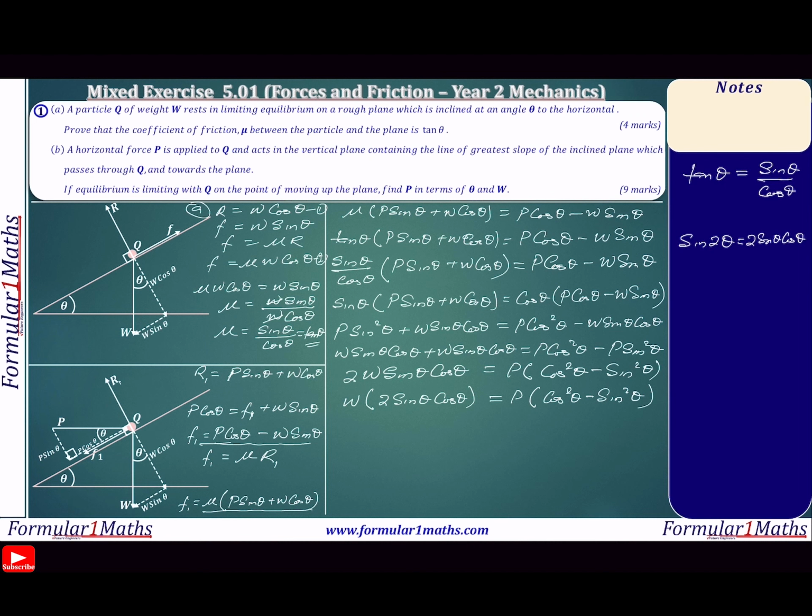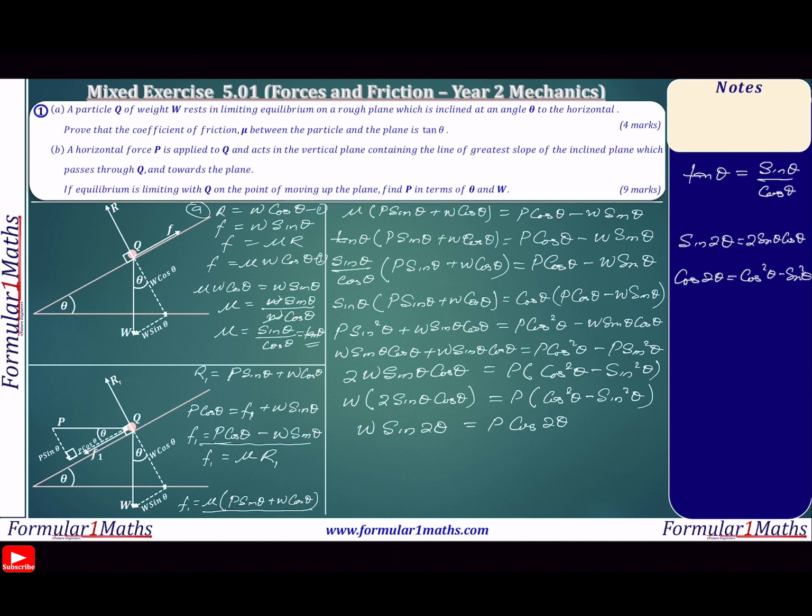We also know that cos 2 theta is equal to cos squared theta minus sine squared theta. So I can replace this with sine 2 theta and replace this with cos 2 theta. So I'm going to get W sine 2 theta equals P cos 2 theta.